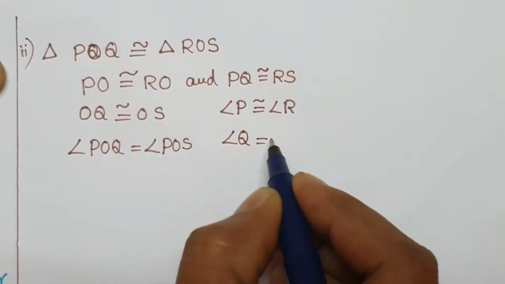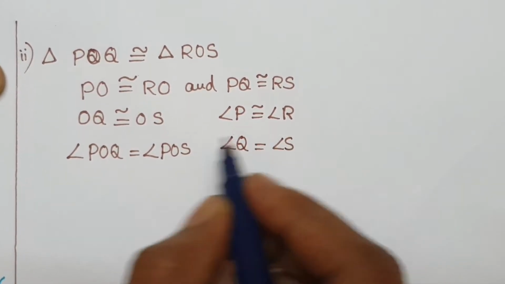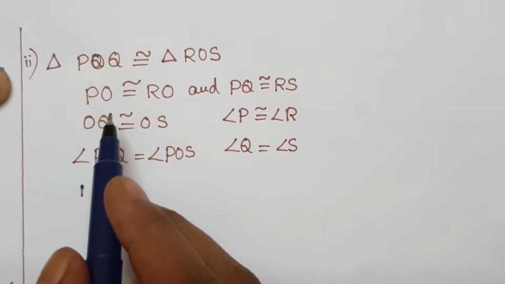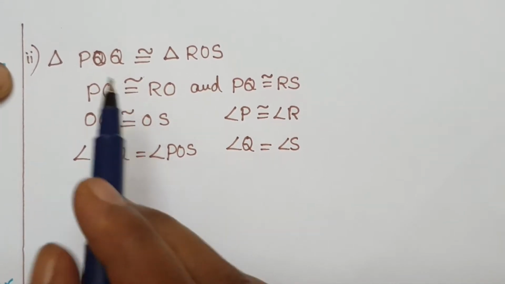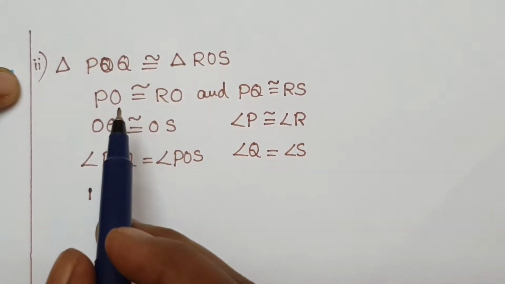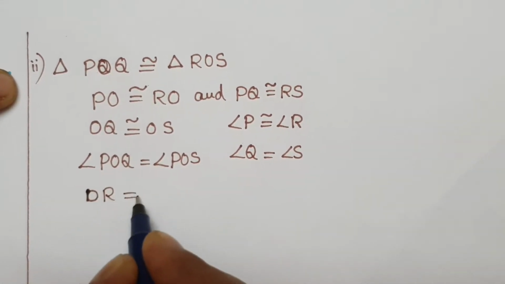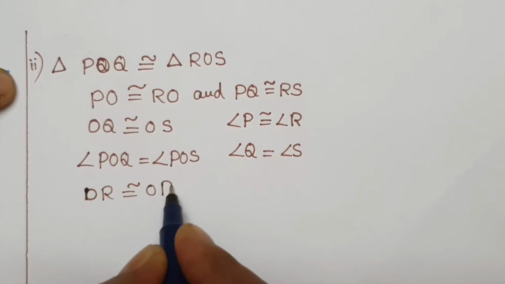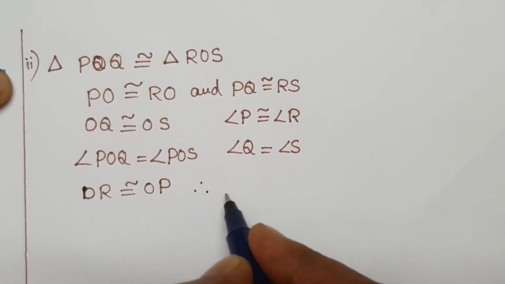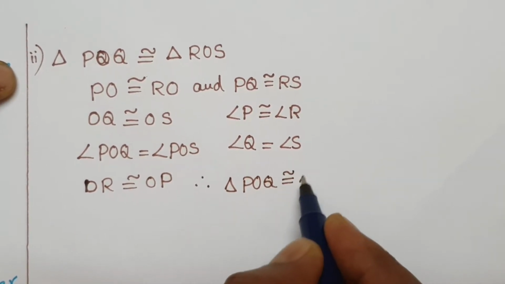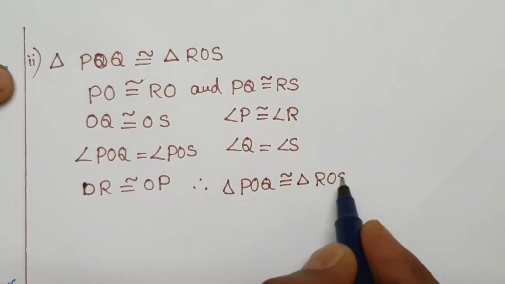Angle Q is congruent to angle S, and OR is congruent to OP. Finally, therefore, triangle POQ is congruent to triangle ROS.